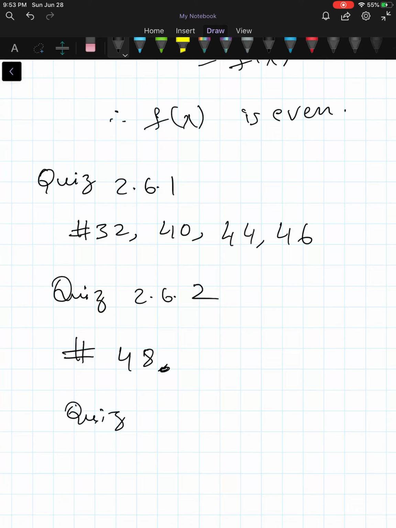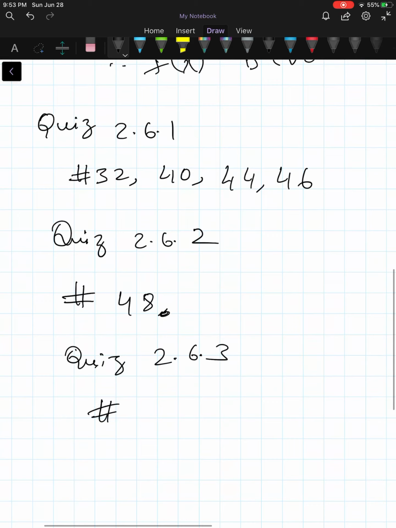And quiz 2.6.3 is number 88. So these are all the quiz questions of section 2.6.